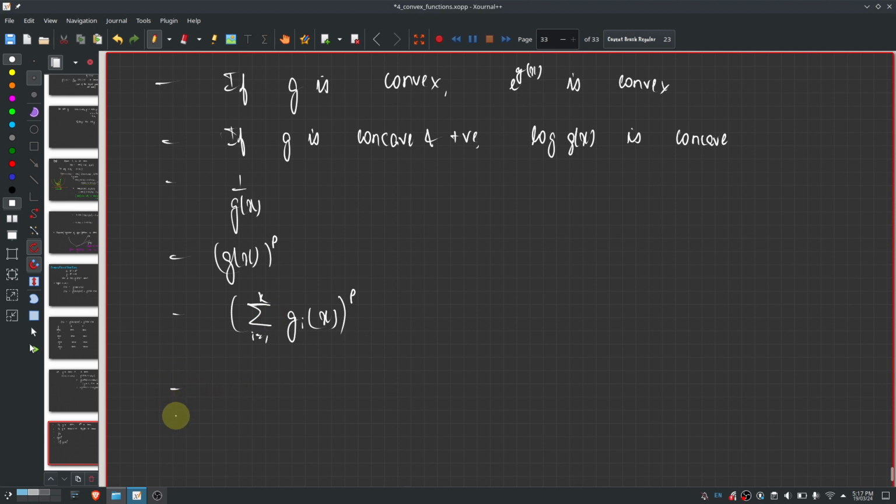Right. You can also construct slightly more complicated examples. So suppose I give you an arbitrary vector.